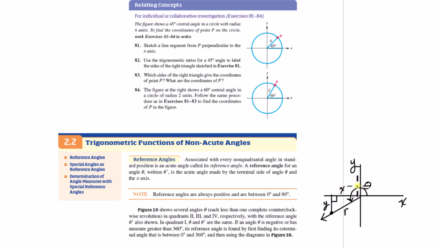Note that reference angles are always positive and are between 0 and 90 degrees, so they're acute. It's a little tricky. Anytime you construct a right triangle like this in any quadrant, the angles of the right triangle aren't going to be negative, and they're going to be acute.